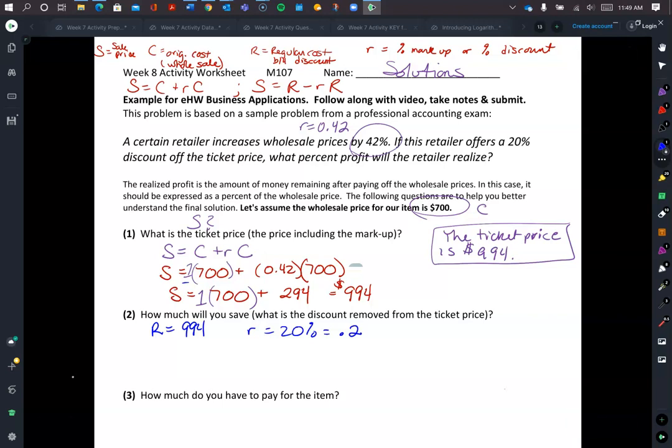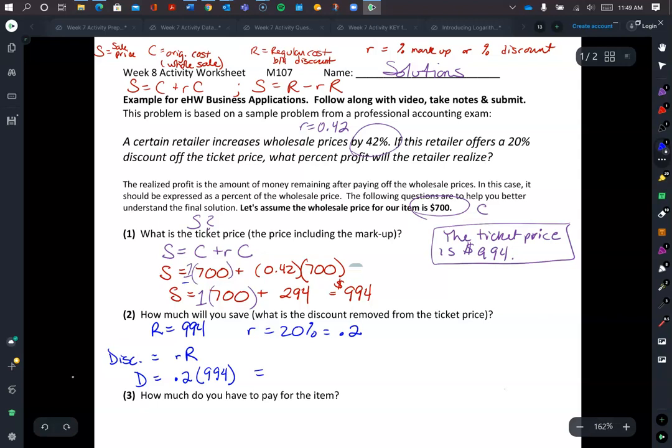And then we can figure out what the savings is. So all we're going to do for that part is the rate times the regular price is going to be the discount. We'll just call that discount for short. That would be my 0.2 times the 994, because it's not asking how much you're paying yet. It's just asking what the discount off is.